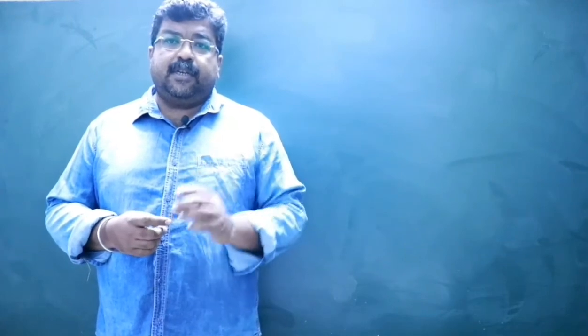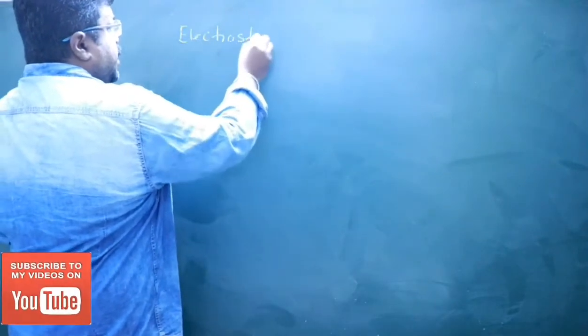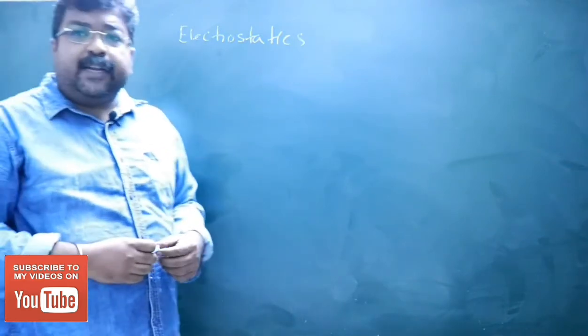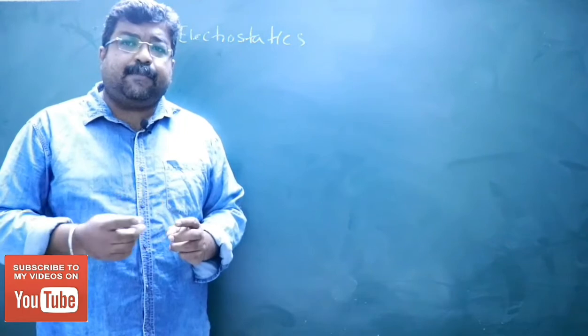Okay, so we are starting from the first chapter. This first chapter comes under a unit called electrostatics. In this unit you have two chapters, chapter 1 and chapter 2.